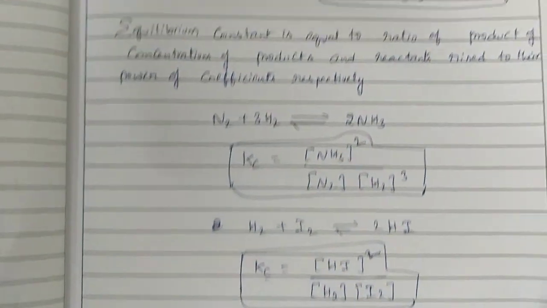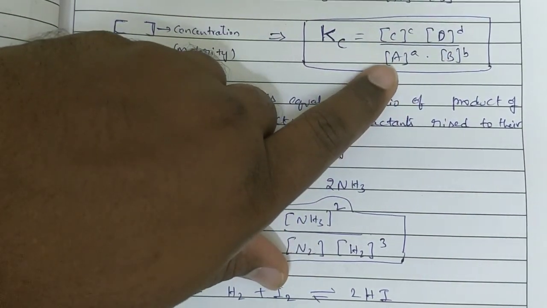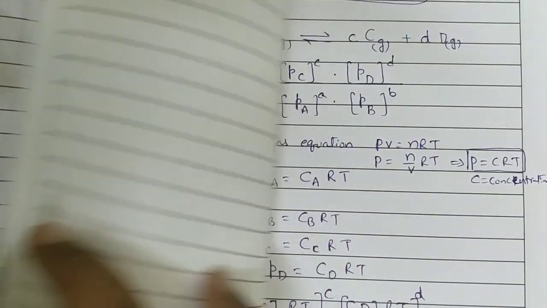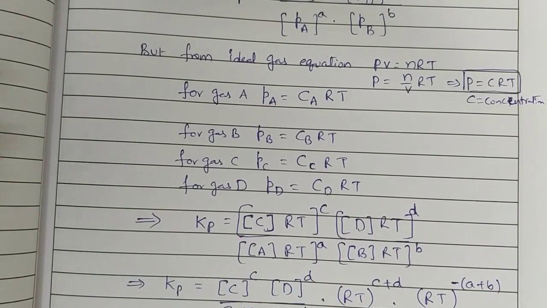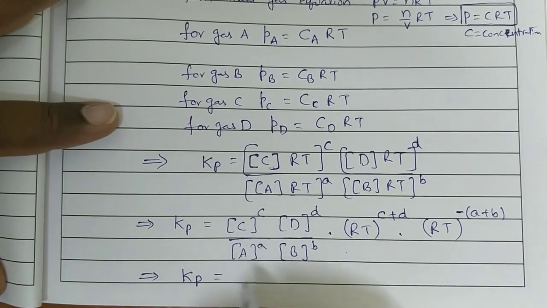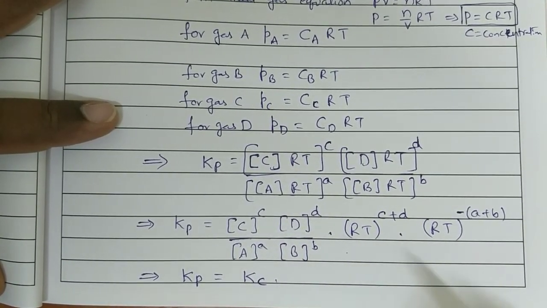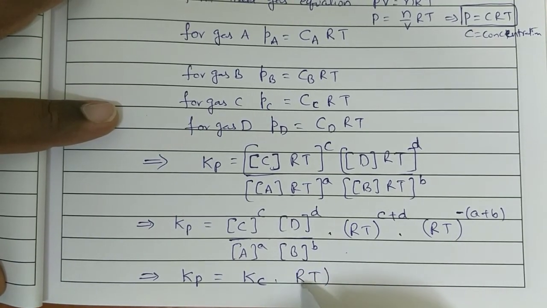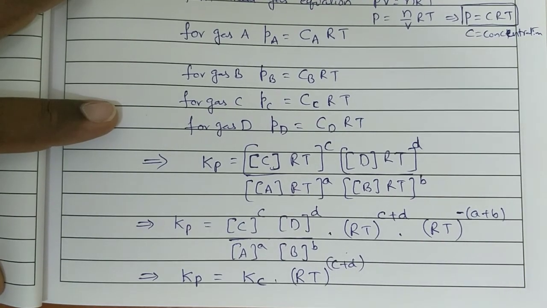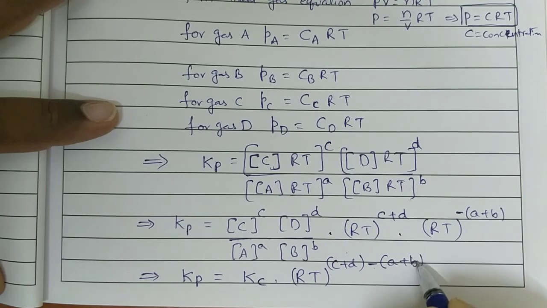So Kp is equal to this value alone, Kc, into RT power c plus d kept in one bracket, minus of a plus b.